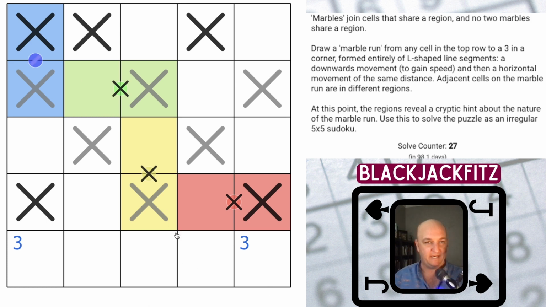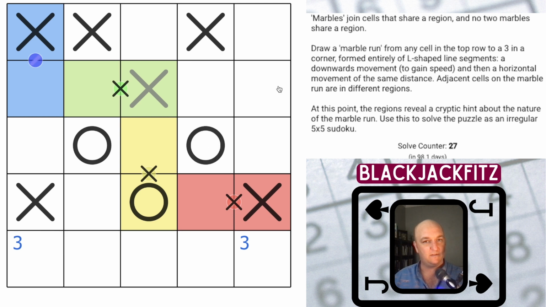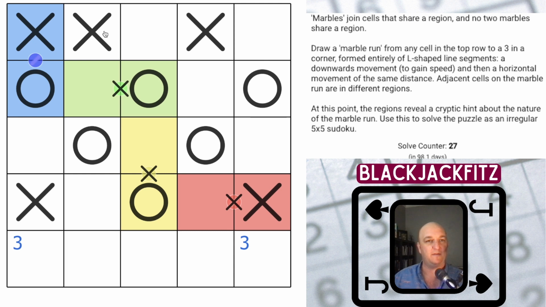But in any case, I don't actually think it can visit here, this cell. See, now I'm all thinking I should do it in O's because I don't want to be switching colors all the time. Can it visit this cell at all? I don't think so, right? Because it would have to have come down through here.